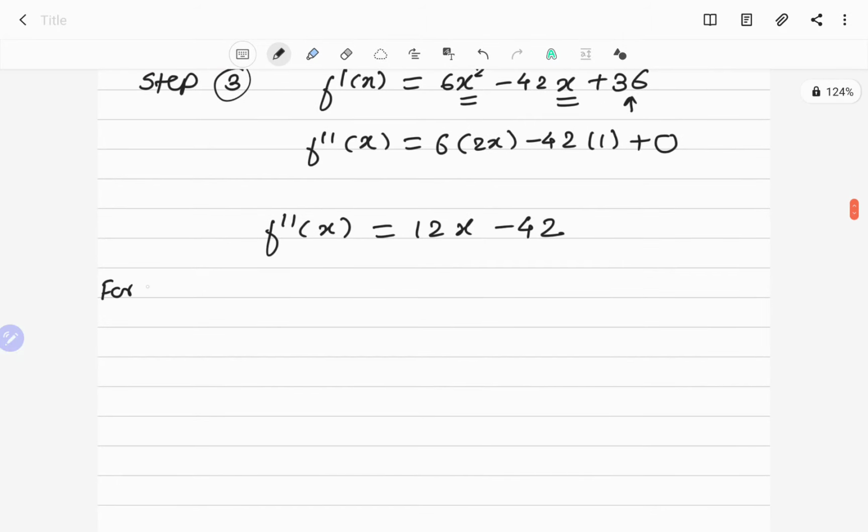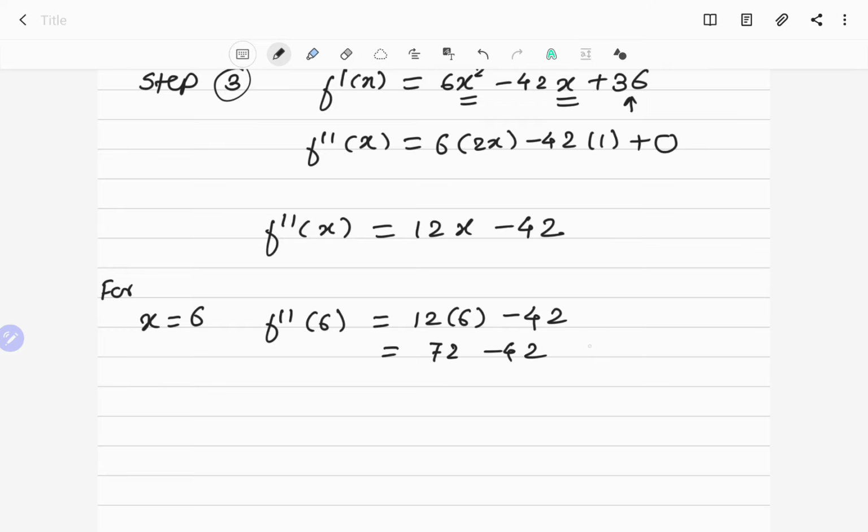First, for x equal to 6, let's substitute x equal to 6 in the double derivative and cross check. It's 12 into 6 minus 42. So is it 72 minus 42? The answer is obviously positive. So positive means f double dash of 6 is greater than 0.